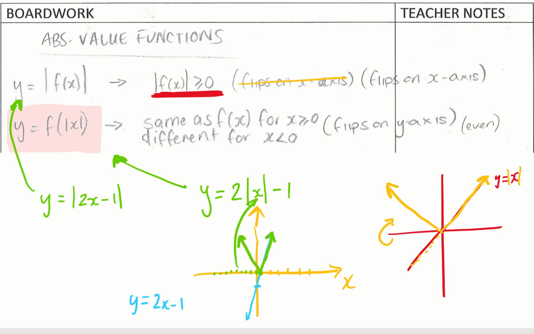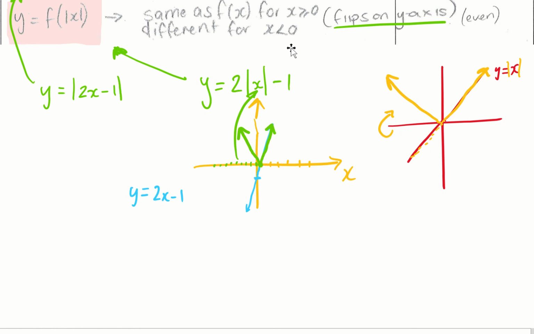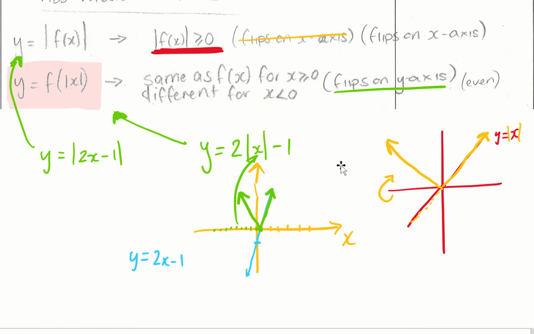So that is simply going to become that. So notice how it just flipped along the y-axis. Okay, so it's going to be the same function as your original for all your positive x values, but it will be a different function for all the negative x values as the original.